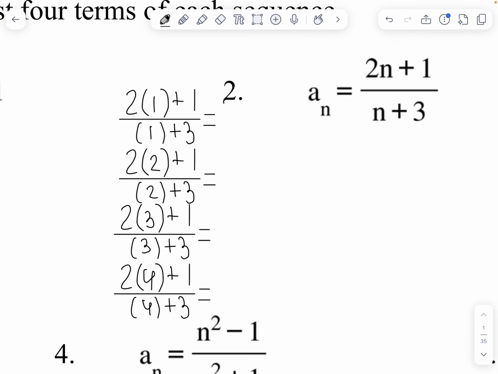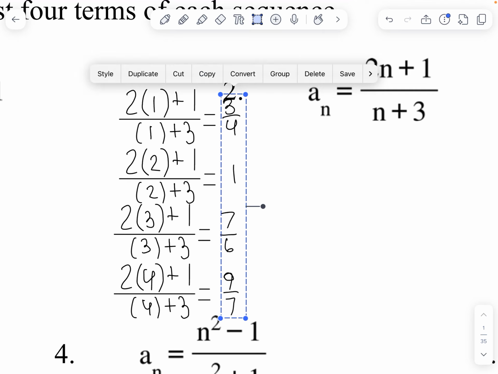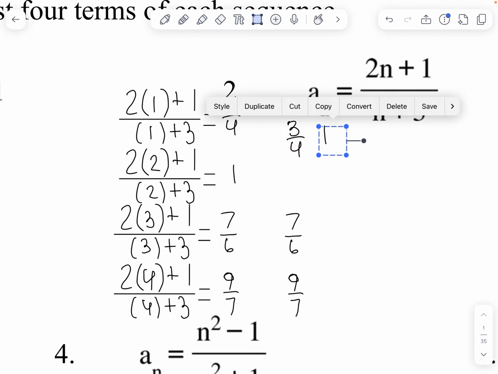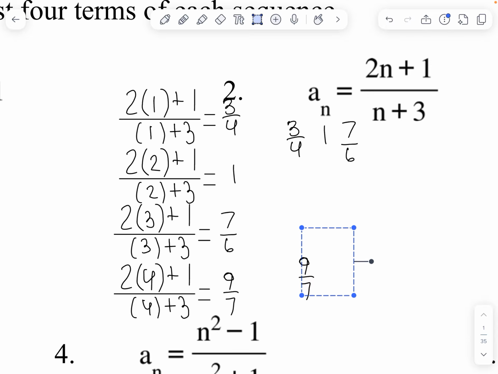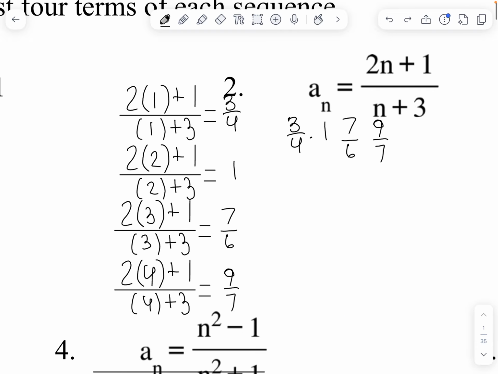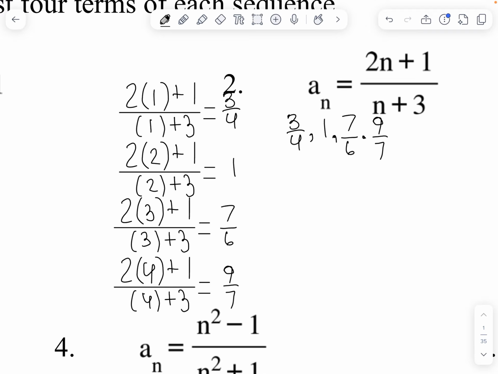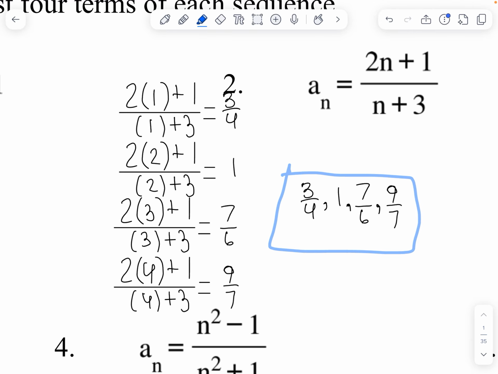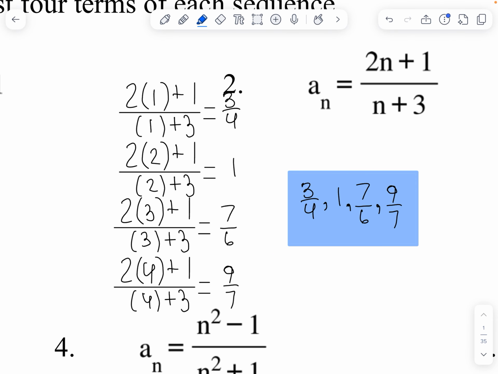And if we solve, we get 3 over 4, 1, 7 over 6, 9 over 7. And that is our answer for the second question.